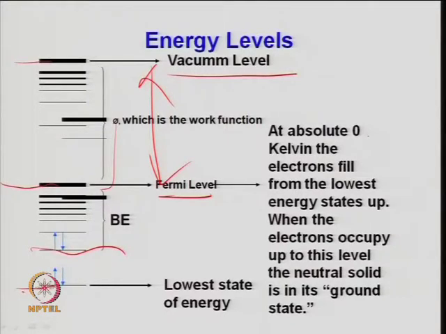When electrons occupy up to this level, the neutral solid is in its ground state. That is the normal condition when they are neutral. At 0 Kelvin you won't see any electron activity; that is the stagnant position, the lowest energy state, when there is no activity.